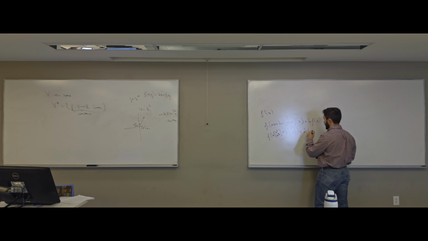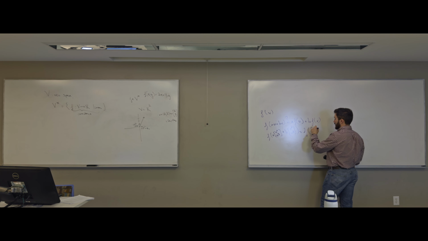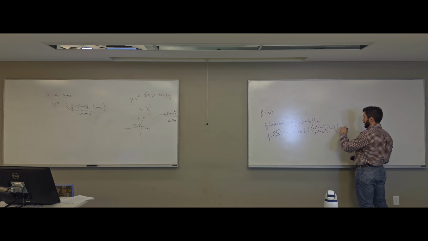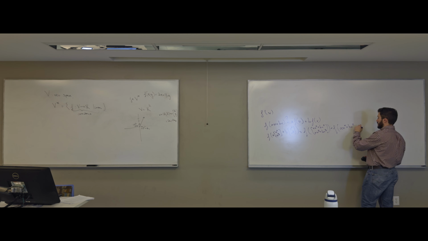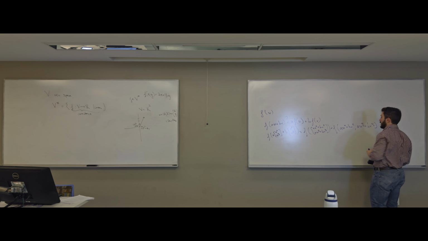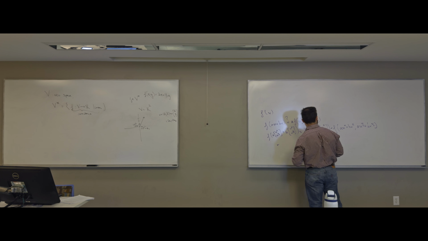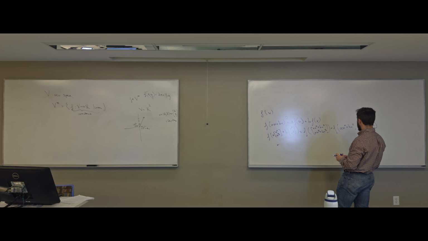I get, let's do it the simple way, a ux plus b vx, a uy plus b vy. And of course, this is just the same thing as having written a ux plus b vx, comma, a uy plus b vy. And I can now take that and stick it into the formula that Vern gave me. So that ends up being 2 times the first one plus 3 times the second one.